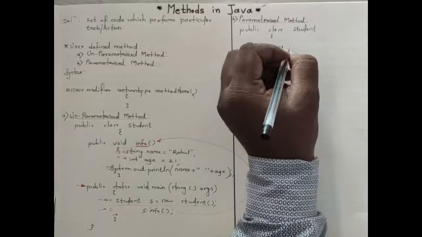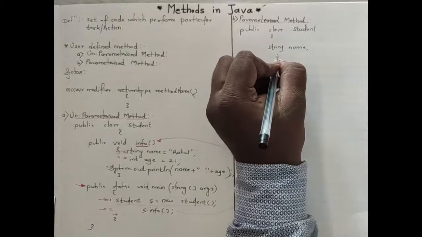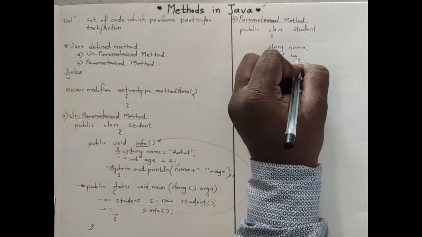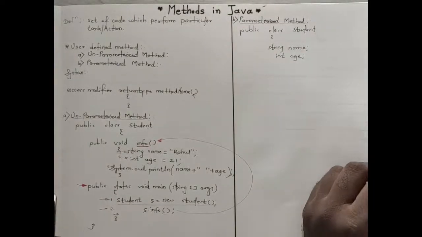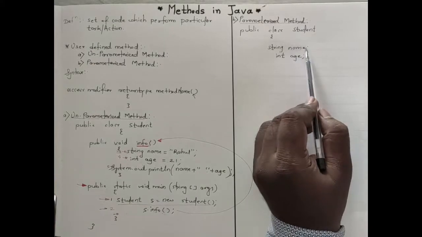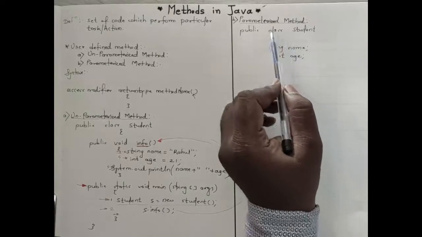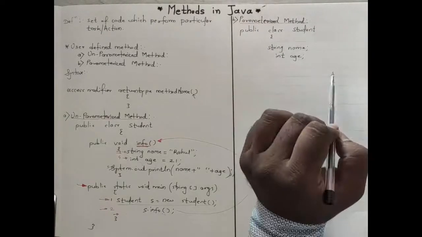String name semicolon and int age semicolon. So observe here, I am not initializing those variables, I am only declaring them. The initialization of those variables we achieve by using a parameterized method.